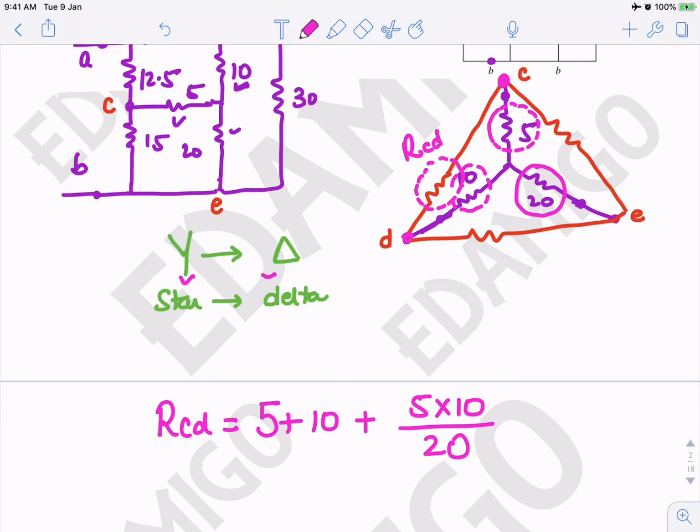So this is the method of learning the formula, and you will get 15 plus 2.5, that is 17.5.